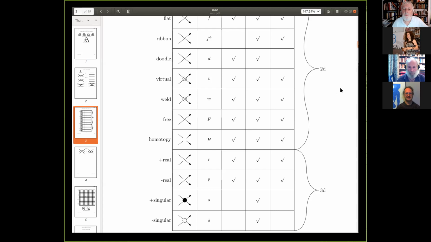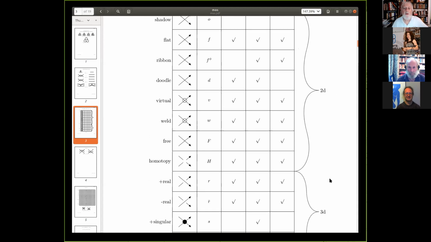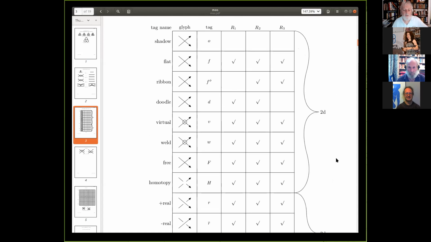And you notice I've grouped those into two-dimensional and three-dimensional. Now, what does that mean? Well, you may have guessed already, but two-dimensional means that each tag is its own inverse. So for instance, W bar is the same as W, and so is V bar, and so on.